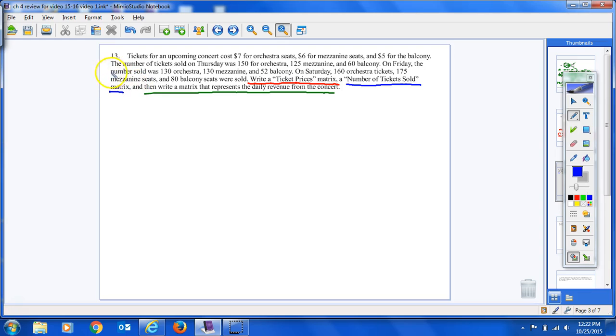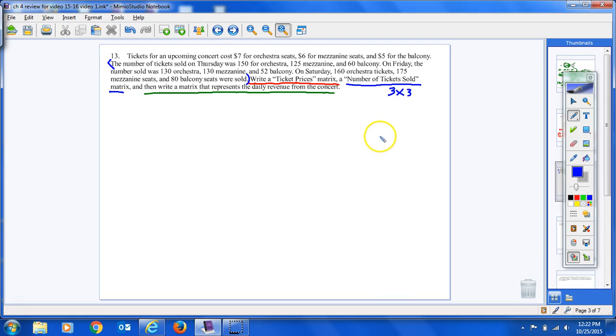We're given information here about number of tickets sold. There are three different types of tickets being sold: orchestra, mezzanine, and balcony, and they are sold on three different days: Thursday, Friday, Saturday.